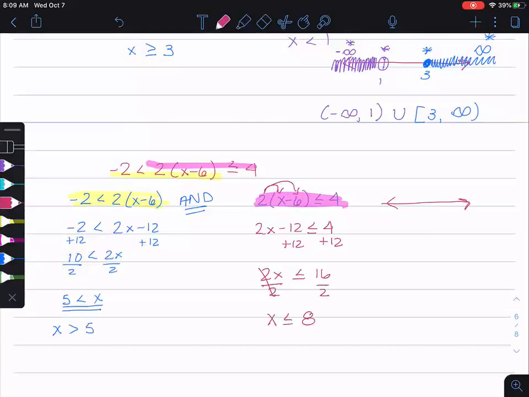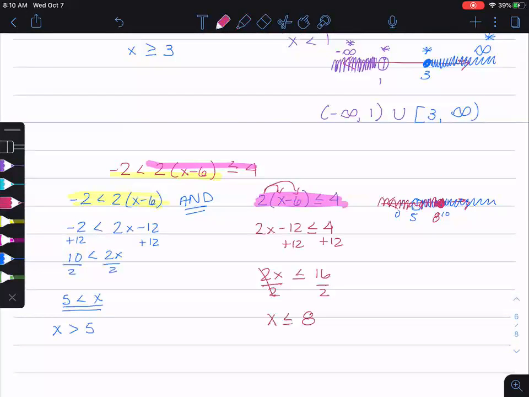So let's graph this. First one, it says, here's 5. I'm going to make this 0. I'm going to make this a 10 maybe. It says open circle at 5, that x is greater than 5. So I'm going to shade where it gets bigger. My next answer said x is less than or equal to 8. So I'm going to go here at 8, and that was a closed circle, and it says it's less than.